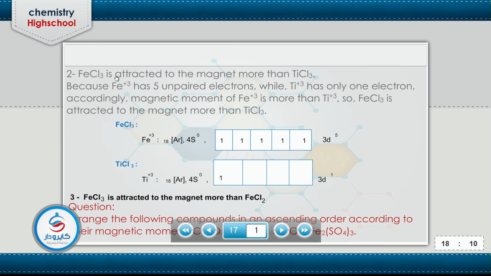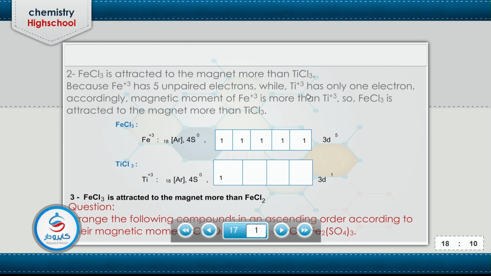The answer depends on the number of unpaired electrons of ferric chloride and titanous chloride. So the answer: because iron 3 has 5 unpaired electrons.